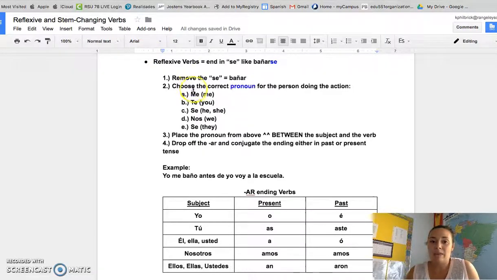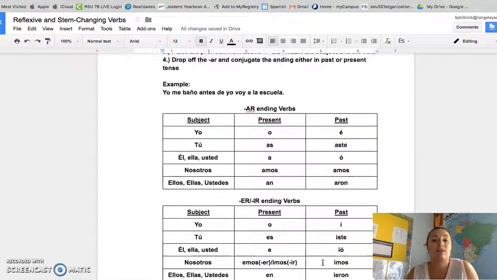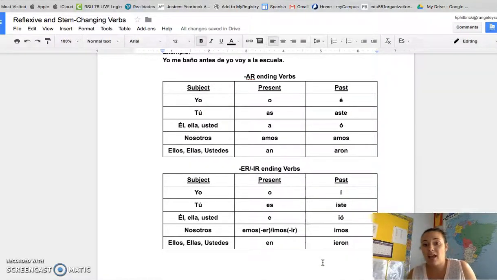So most of the time, I hope all of the time, it's going to be me for your homework. That's going to be the pronoun that you plug in. Yo, me, whatever you're doing. And then the last step would be to drop off the AR and put the correct ending on, depending on if it's an AR ending verb, an ER or IR ending verb.